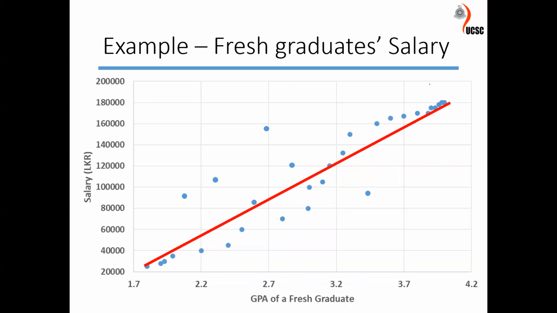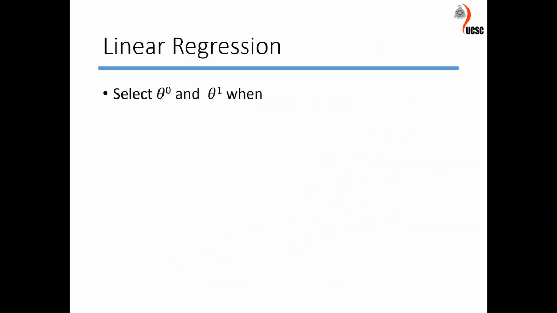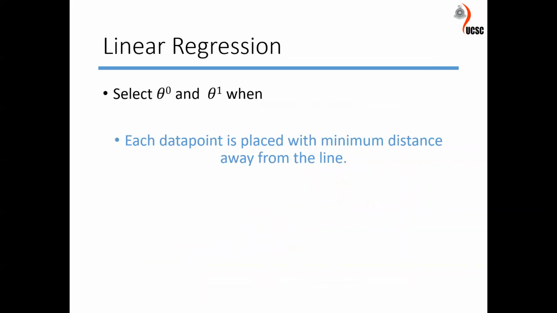So if it is the final one, then we can tell that that's our final hypothesis that will move closer to our target function. So when we are selecting this theta naught and theta 1, we should keep that in mind. Suppose this is our hypothesis.